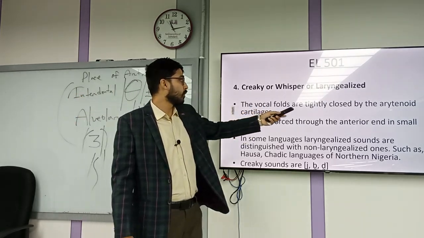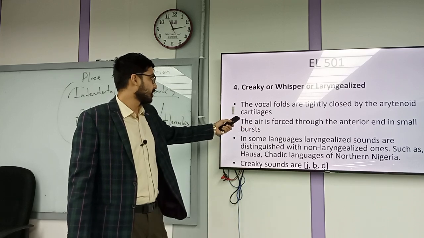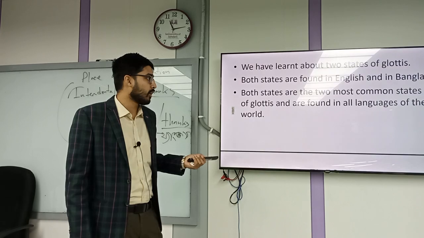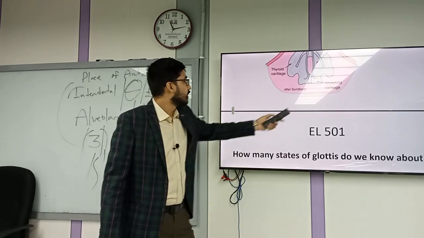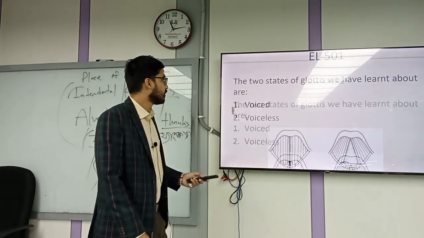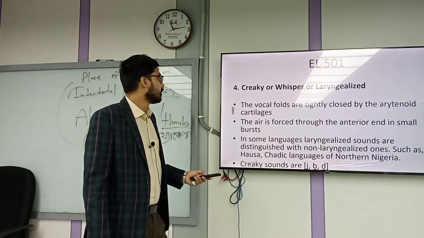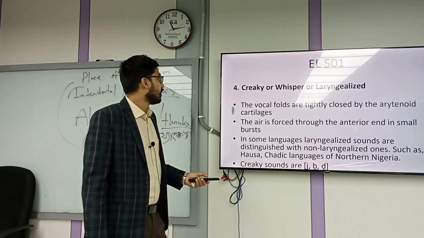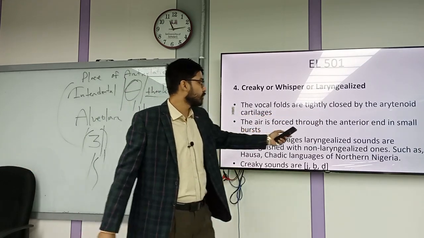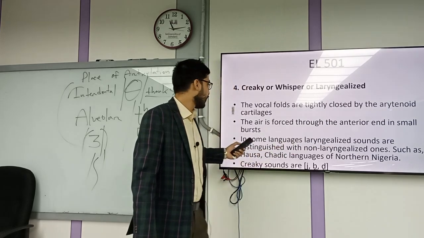The vocal folds are tightly closed by the arytenoid cartilages. We have already talked about the arytenoid cartilages. The air is forced through the anterior part in a small burst.